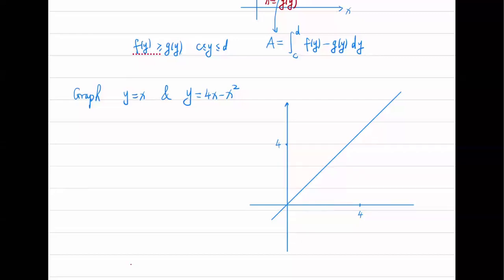So let's find the vertex. What's the vertex? (2, 4). Okay.